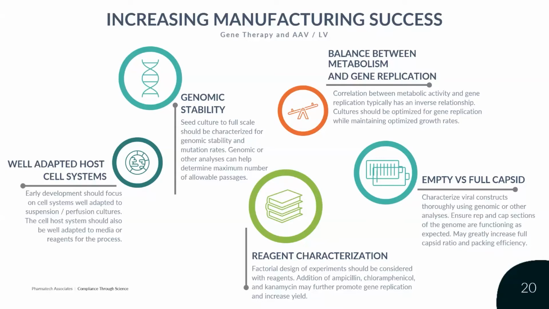So depending on the local environment, whether or not the bases A and T are highly represented in the genome, basically indicating higher genomic instability as compared to C and G, which are much more stable bases, that can give you pretty much an idea of how many passages you can ultimately run these cells through, and there's a ton of other ways that you can characterize that.